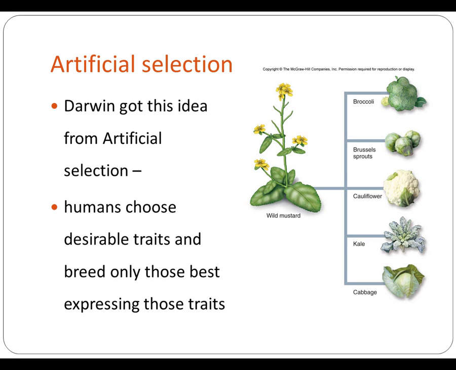Broccoli, Brussels sprouts, cauliflower, kale, cabbage, all variants of a mustard plant. But clearly there is now a genetic difference between a broccoli versus a cauliflower versus a cabbage. They all have been artificially selected for their unique fruits and structures.